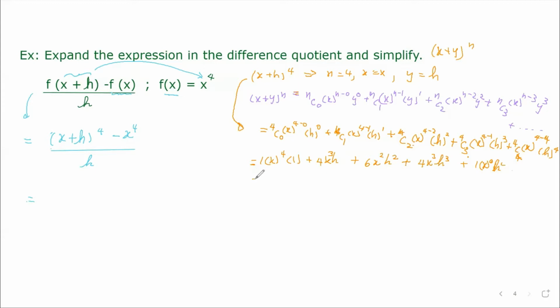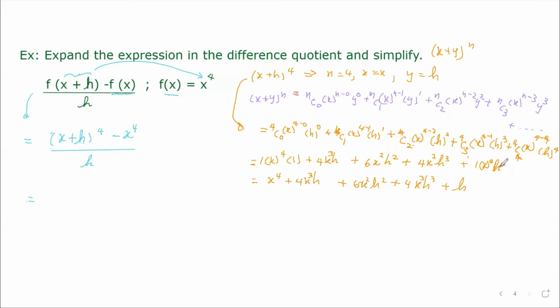Now we simplify. We have here 4 plus 4x power 3h plus 6x power 2 h power 2 plus 4x power 3 h power 3 plus h power 4.